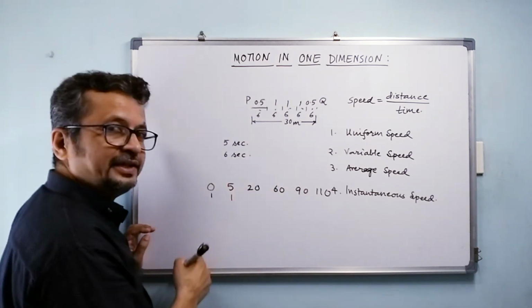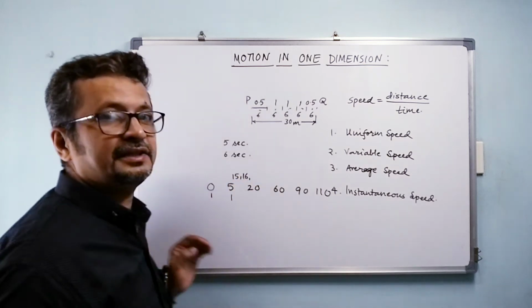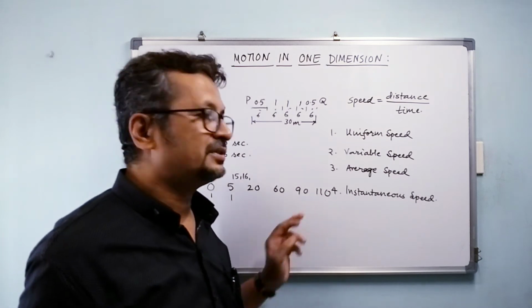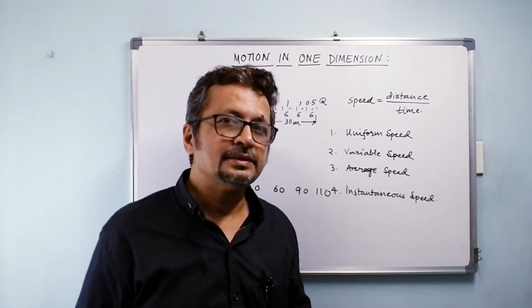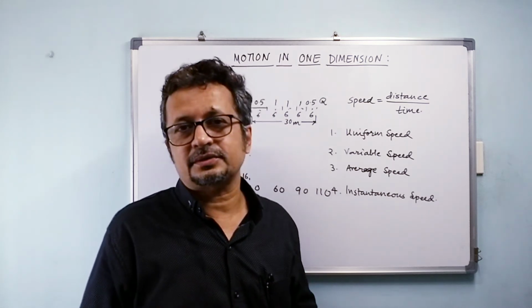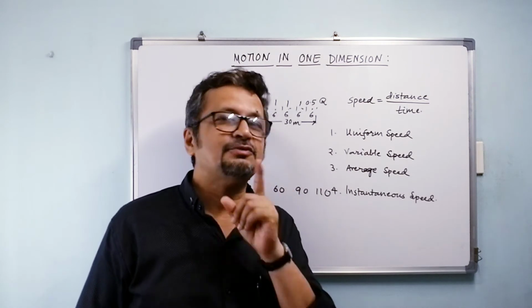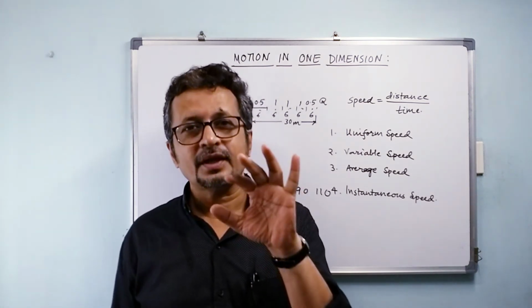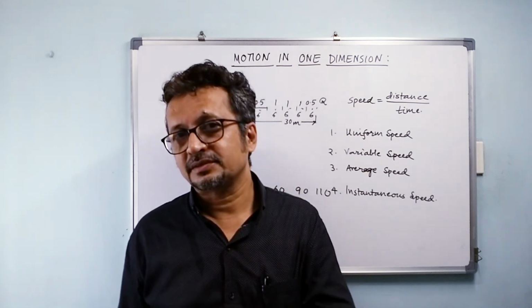Between 5 and 20 there is something called 15, 16, 18, 19, 19.5 or something like that, and the same thing is there for these other intervals too, correct? That means for my speed at a given instant, I have to see my speedometer. So whatever speed my speedometer shows, it is the speed at that instant.